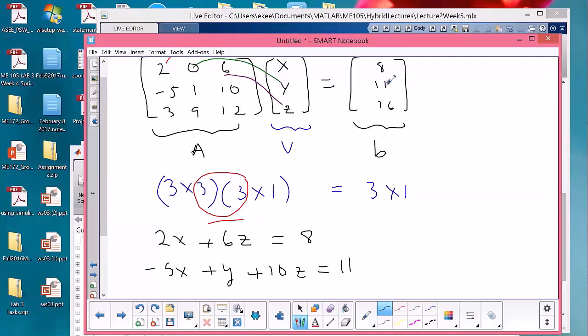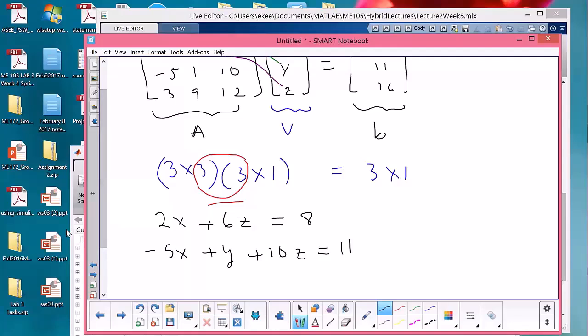That is giving me the second value. And the last one, I will have 3 times x plus 9 times y plus 12 times z. That should equal 16.